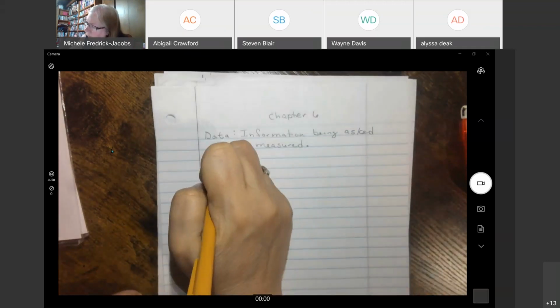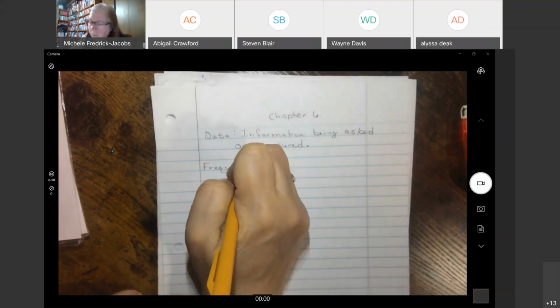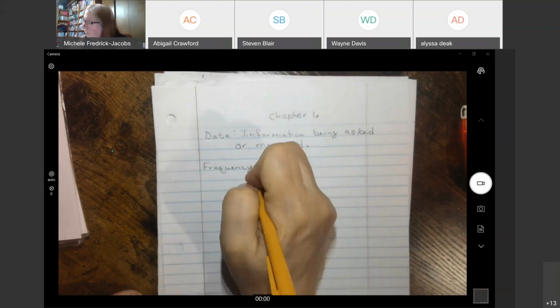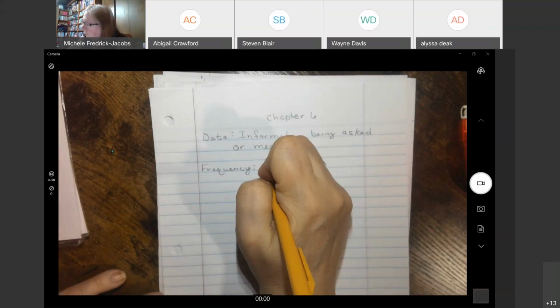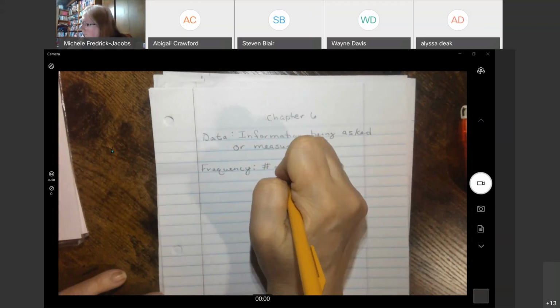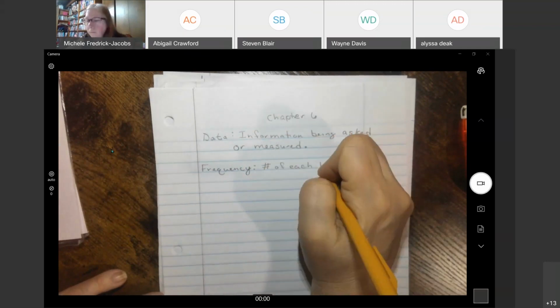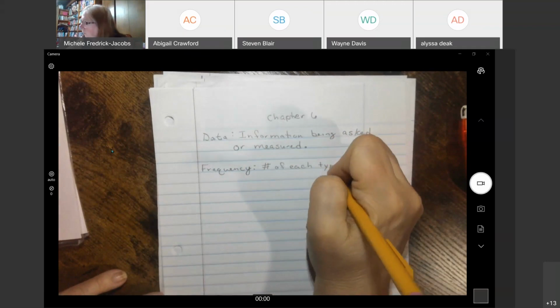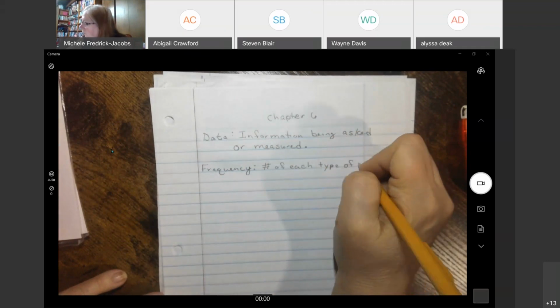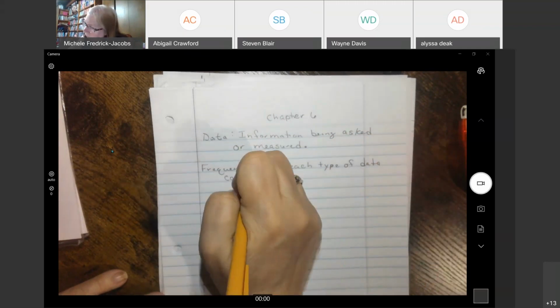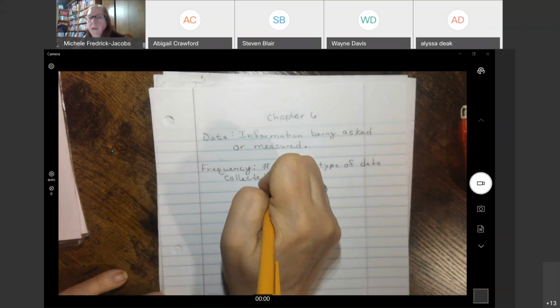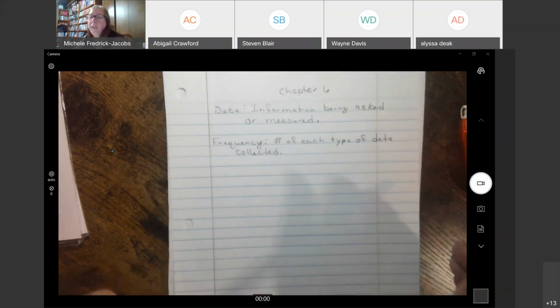Frequency is the number of each type of data. So how many A's were there?